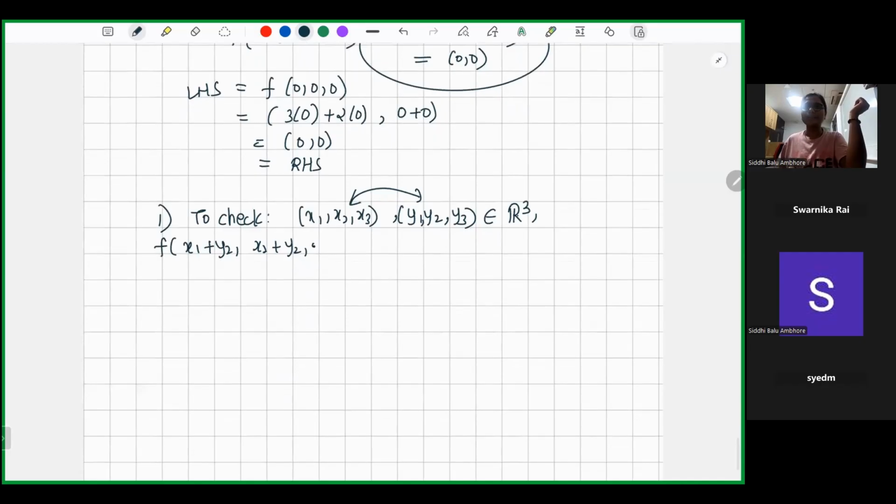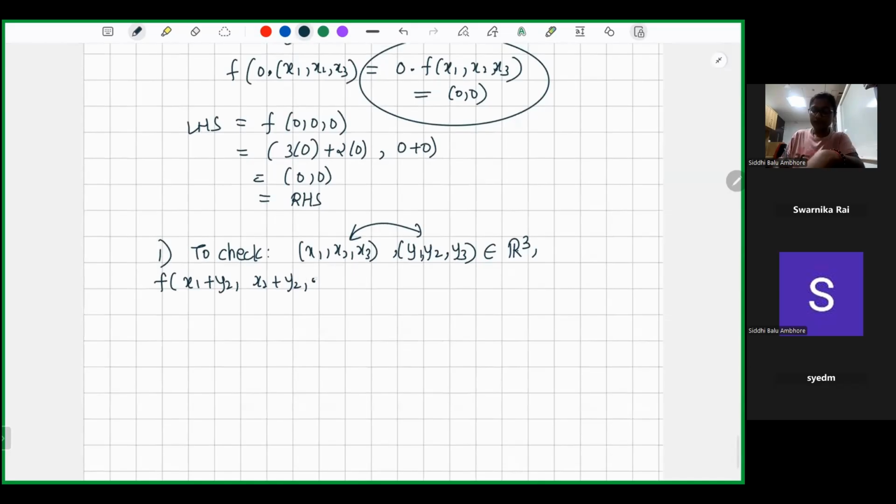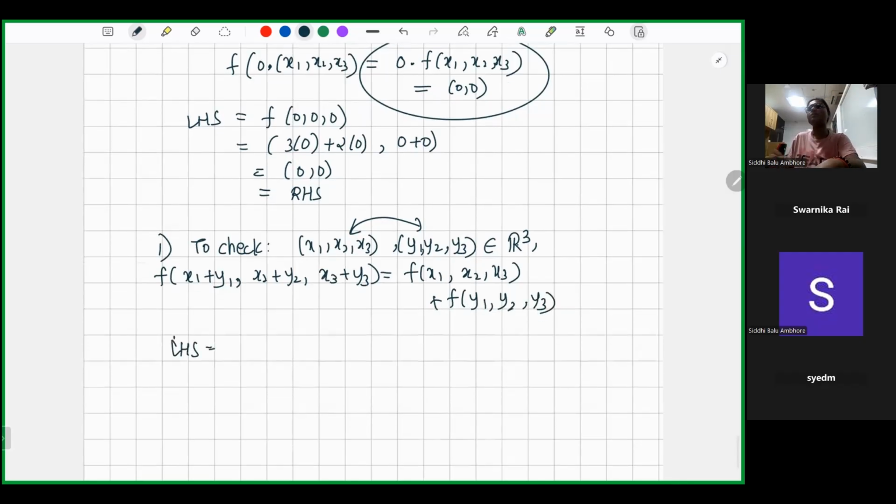We have to check whether f of (x1 plus y1, x2 plus y2, x3 plus y3) is equal to f of (x1, x2, x3) plus f of (y1, y2, y3). Let us start with the LHS.